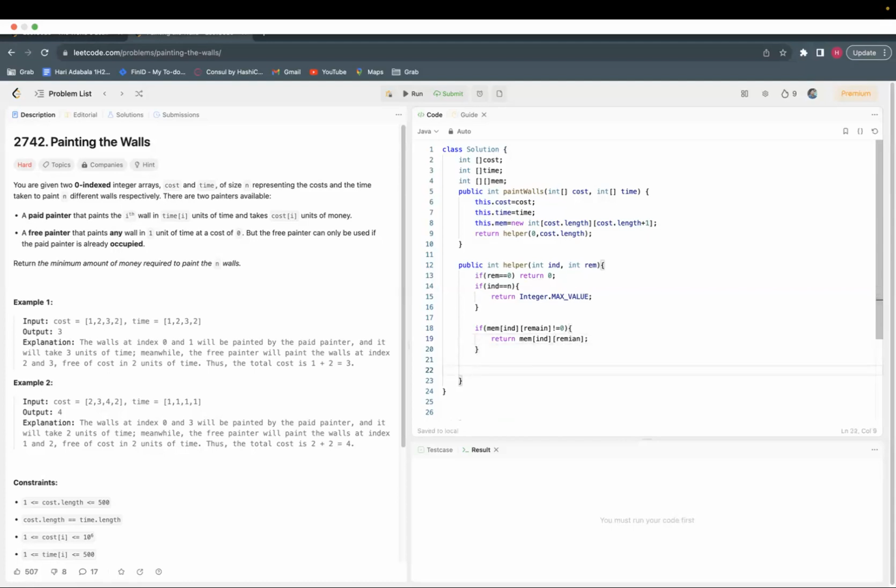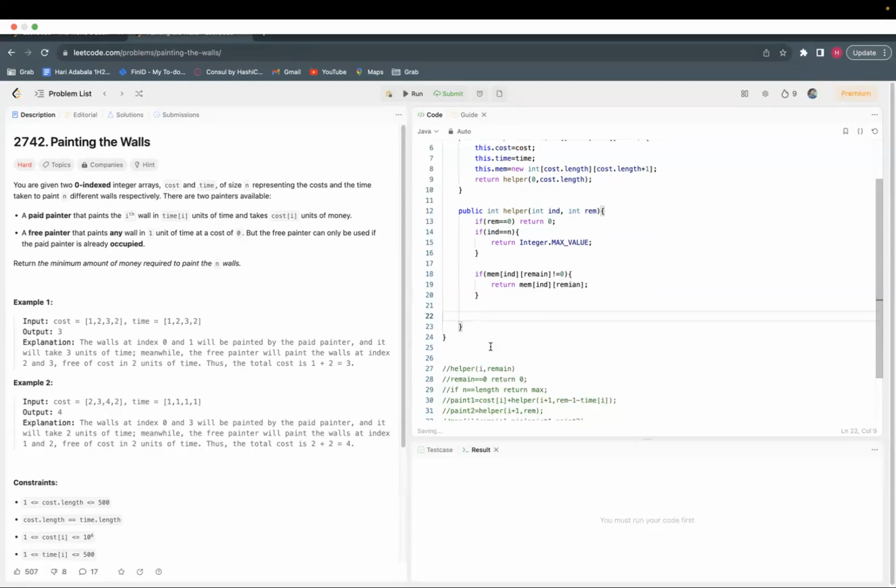Now the solution will be, the first case will be when we get that particular wall painted by the paid painter, then the solution will be ind plus 1.